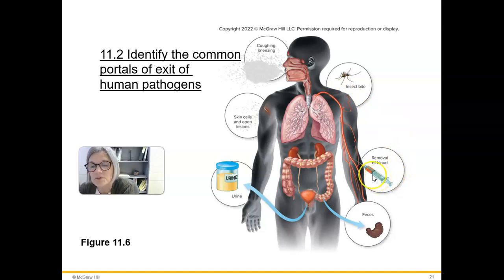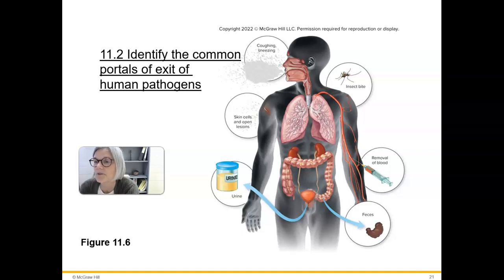Blood products. Sometimes people get exposed to other people's blood products. Very frequently, if somebody's infected with a pathogen, they're going to be shedding it in their urine and or their feces. So that's really common. That's one of the reasons why we have an inborn aversion to urine and feces, because quite frequently pathogens are shed that way.